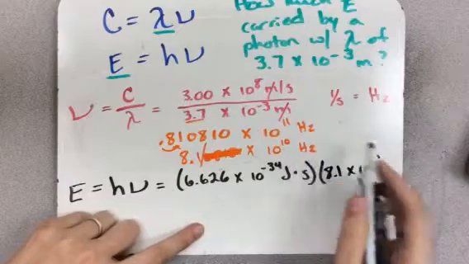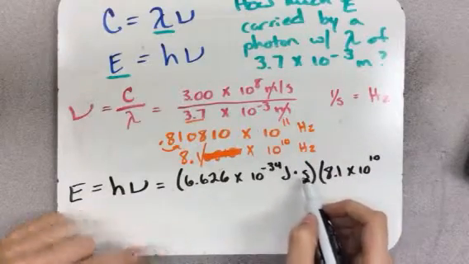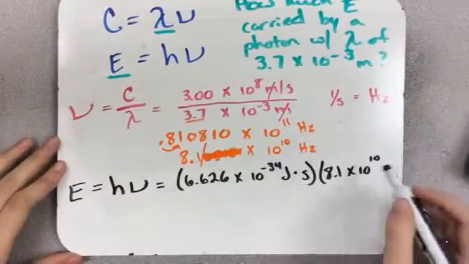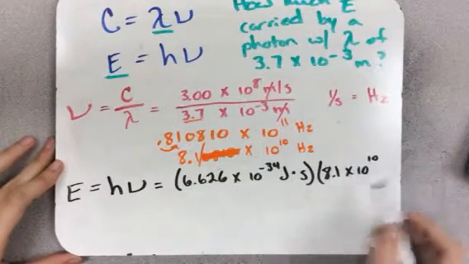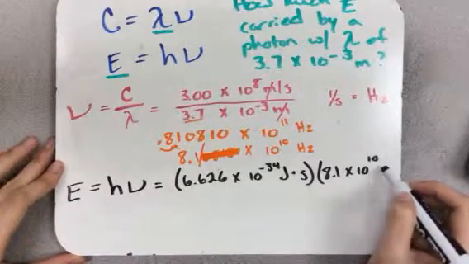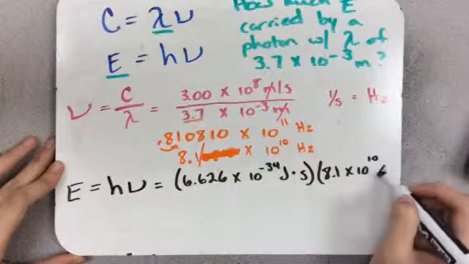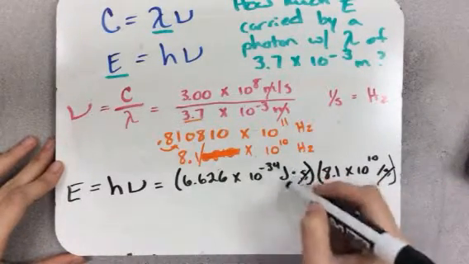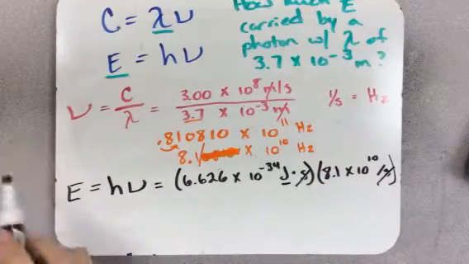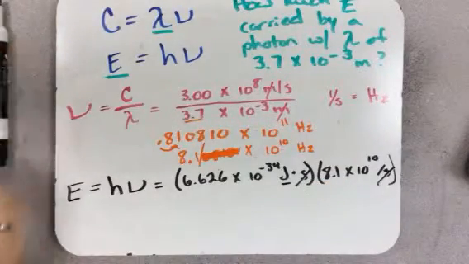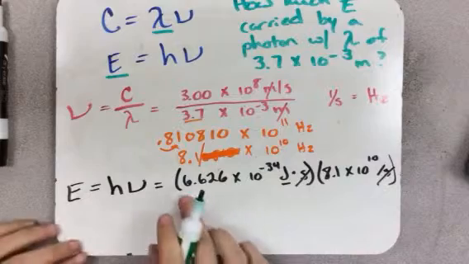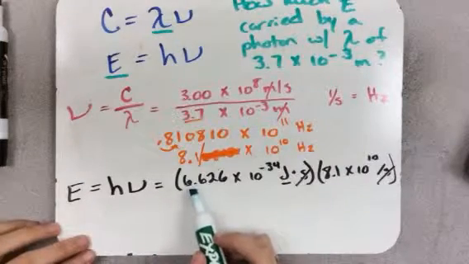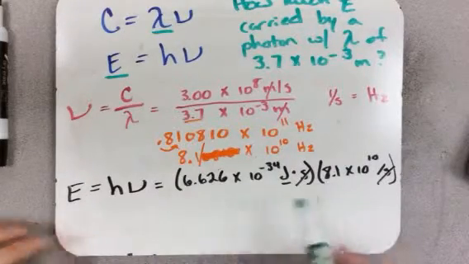And I know I wrote hertz here, but again, when I see times seconds here, I want to put in a unit that will match up with that. So I'm going to say per second. And now those seconds cancel out, and our final unit is joules. Remember, with multiplication, we will multiply this coefficient with this coefficient.